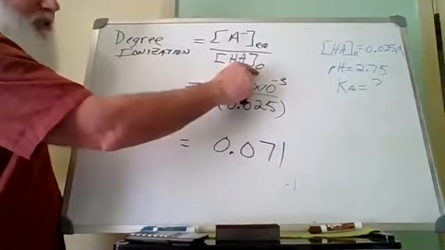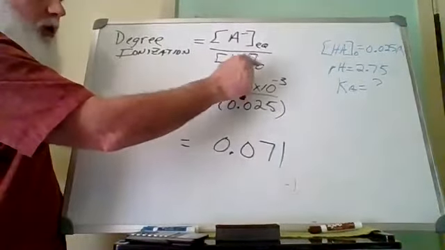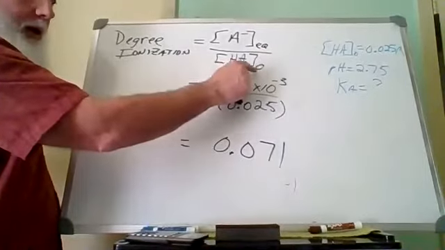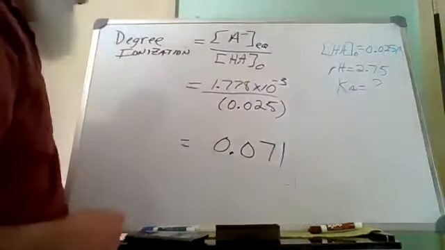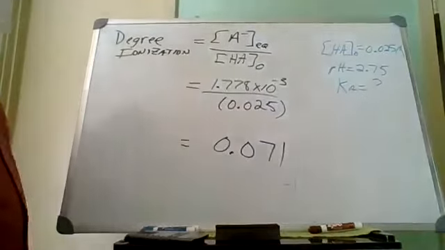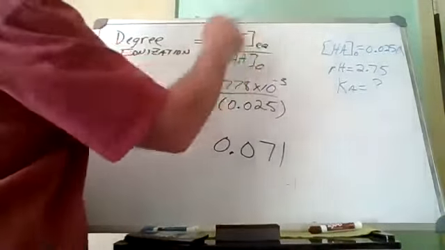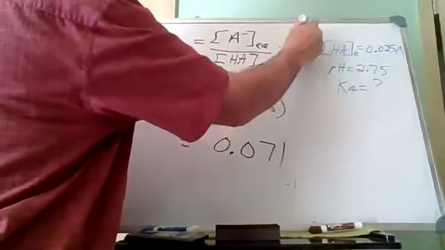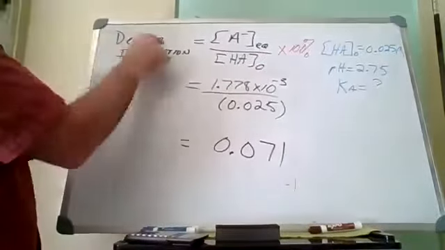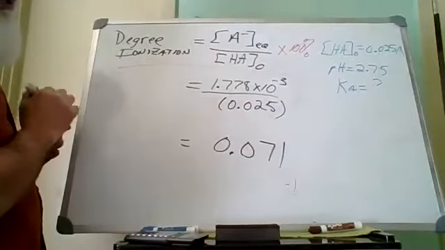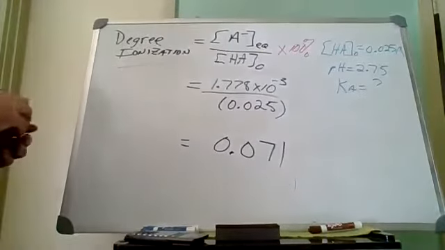Remember, this is at the beginning, not equilibrium. Right? And again, if we wanted percent ionization, we would just take this equation and multiply it times 100%, which would give us percent ionization rather than degree of ionization. Okay?